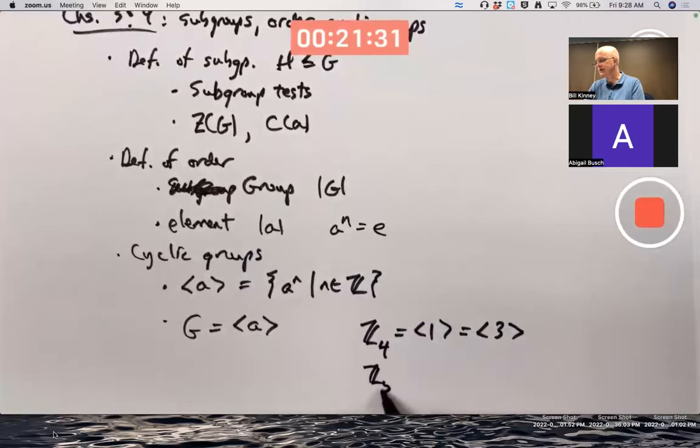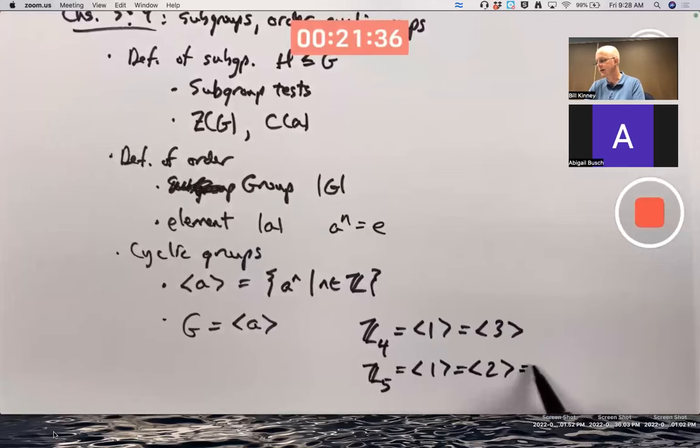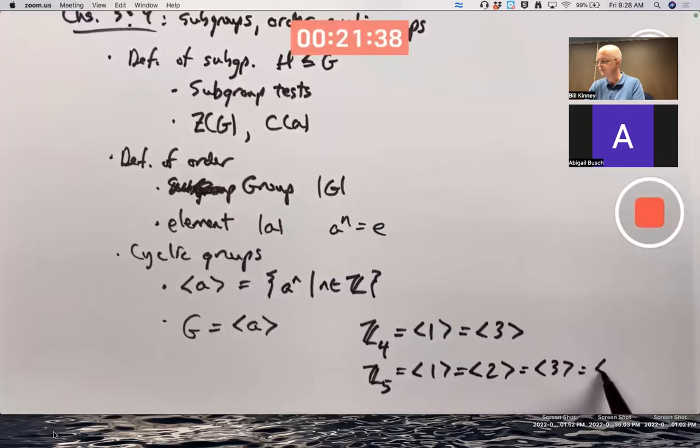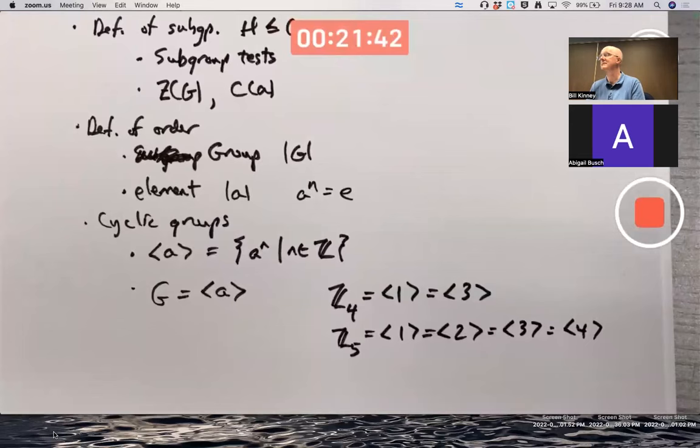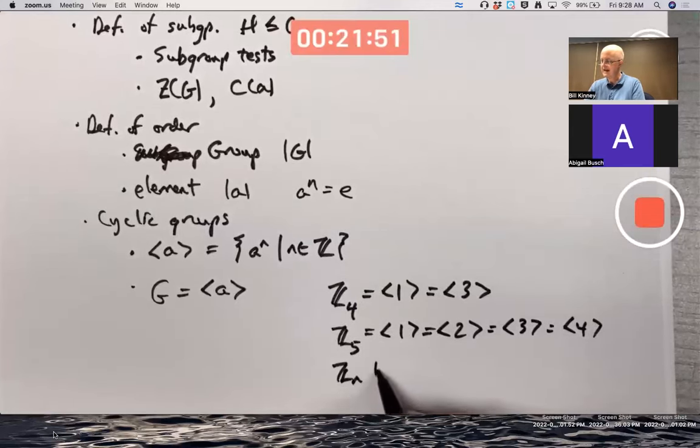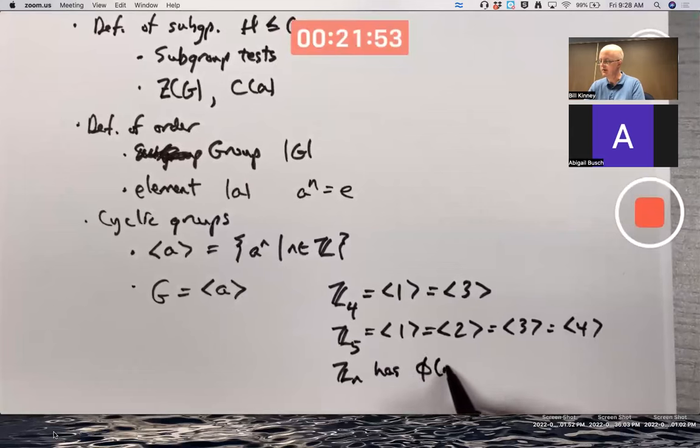Z5, for example, is generated by all the positive numbers in it. They're all generators, because all those numbers are relatively prime to 5. In general, Zn has Euler phi of n generators.